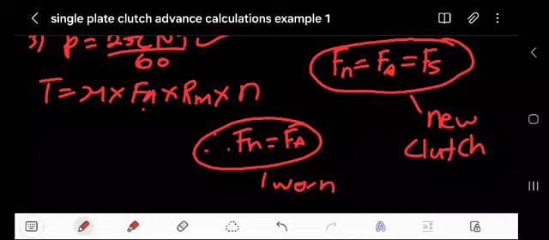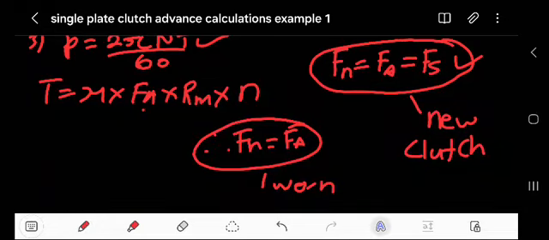But a new clutch, the spring is still new, still fine. It has not been damaged. Remember, the more time goes by, this spring will elongate, will get tired, will be worn, can never be equal to normal force. But if it is new, everything will be balanced. If it is new clutch, this is what the formula will have.